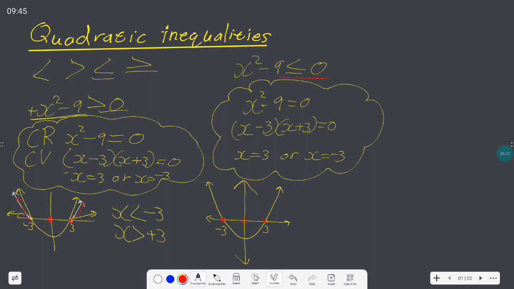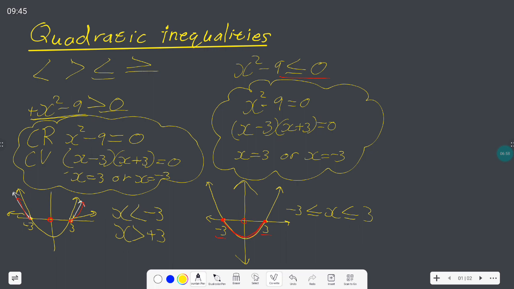It's here at the bottom, this area below the line. Between which values? It's between negative 3 and 3. So my answer is that x is smaller than 0 at or between negative 3 and 3.